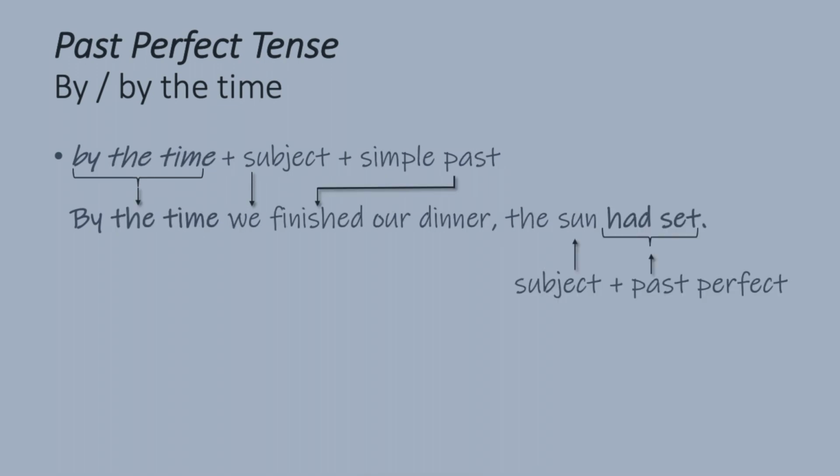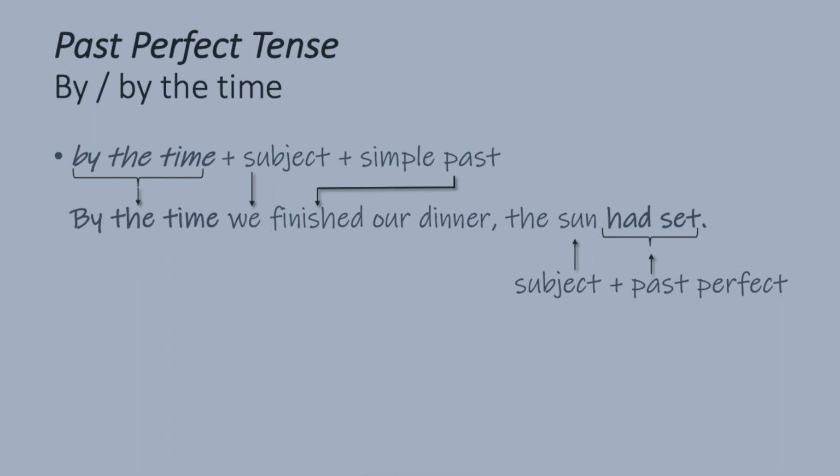By the time is a prepositional phrase, and it means the same as by, not later than a certain time. This one is the beginning of a complex sentence, a sentence that has an independent clause and a dependent clause. Don't worry about that right now. So our example is, by the time we finished our dinner, the sun had set.